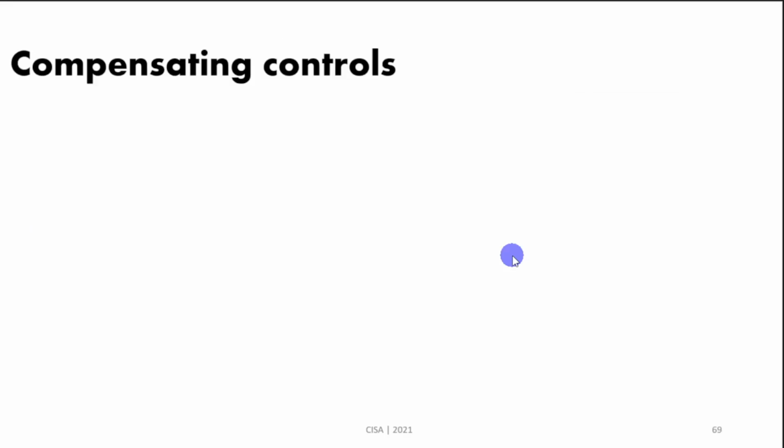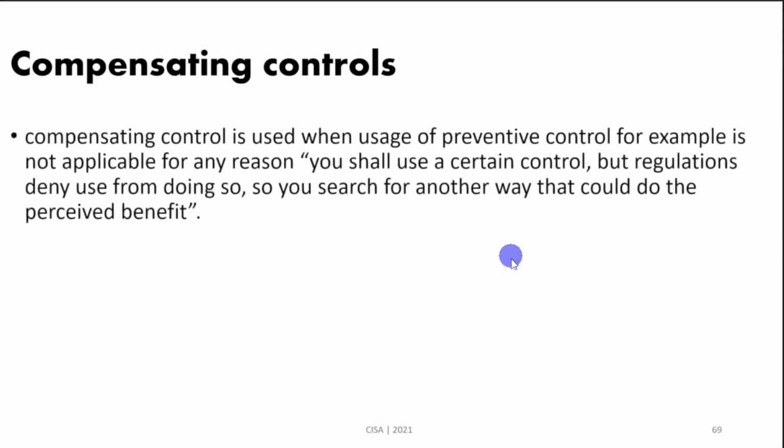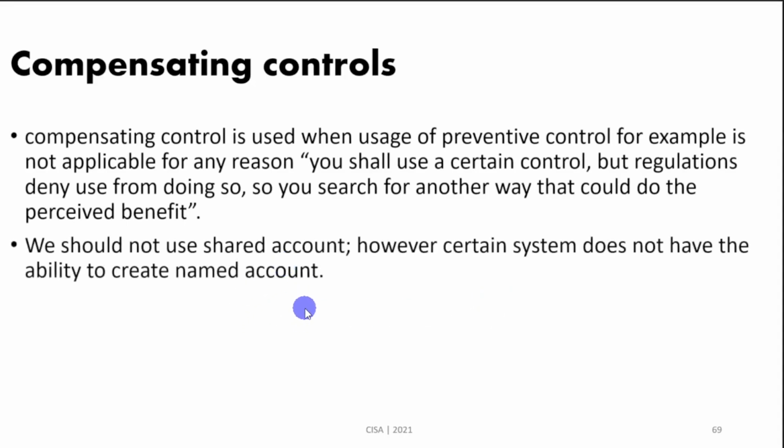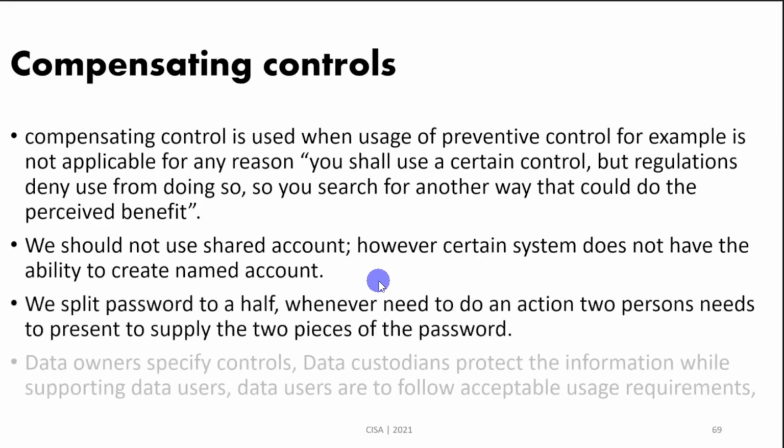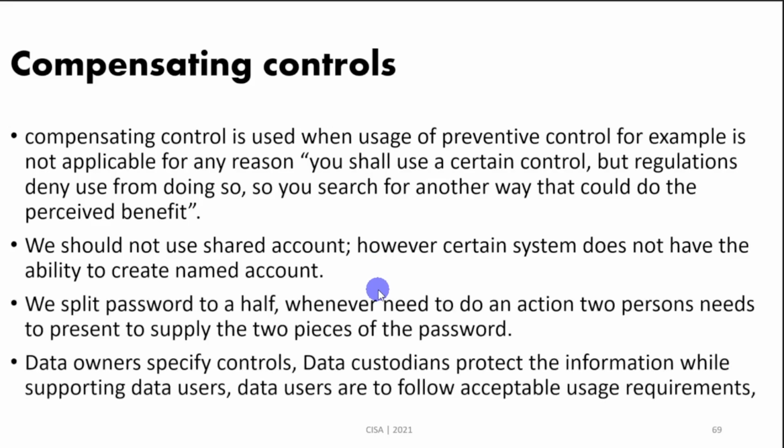We have another term that we need to understand from the CISA perspective, which is a compensating control. A compensating control can be used if, for any reason, we cannot use the control approved by a standard. For instance, to solve a certain problem, we may need to use a firewall with a certain type of encryption.